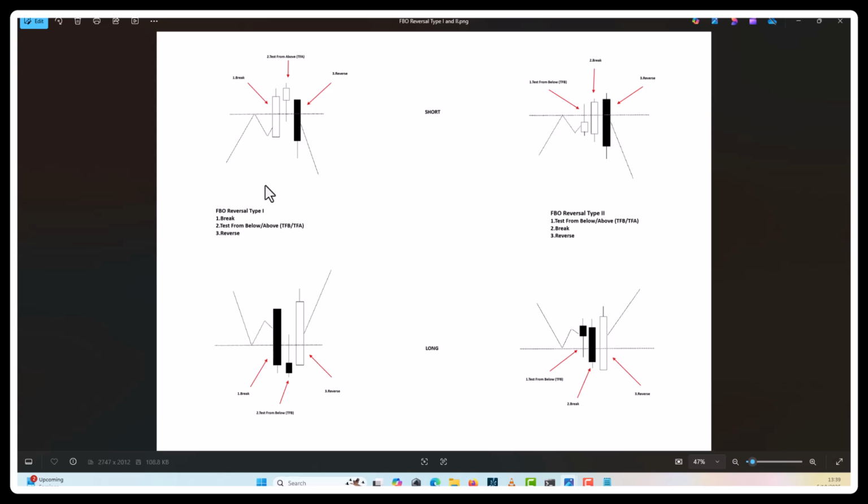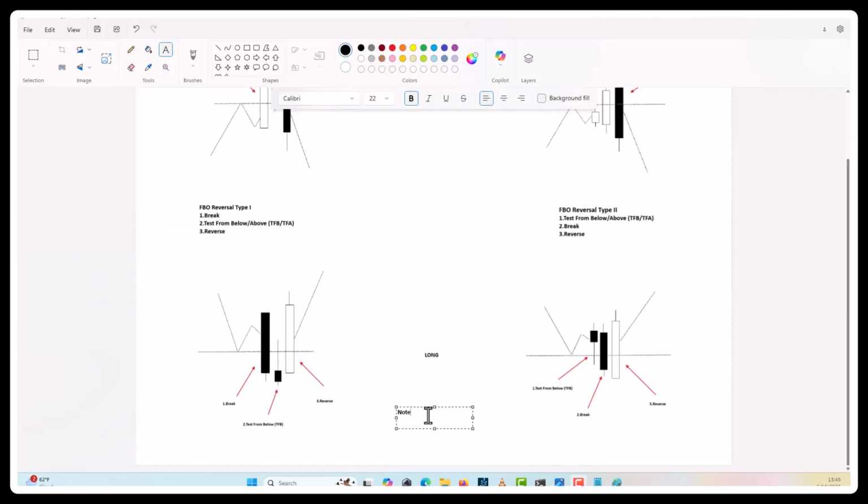Let's make a note of this so we can understand. Alright, let's put the note right here. We have a beautiful note idea for today, and let's see how it plays out.